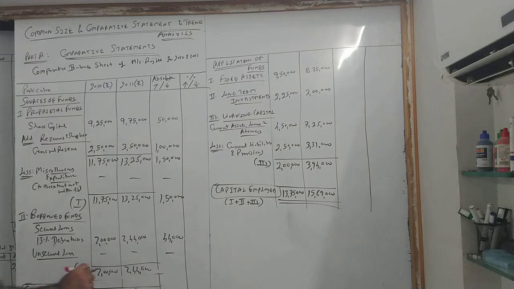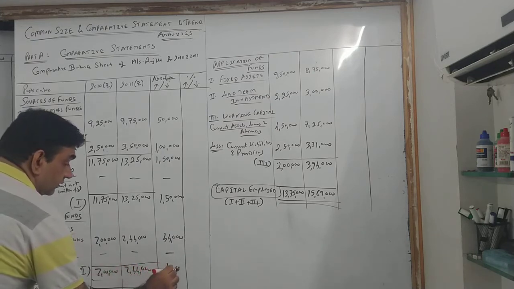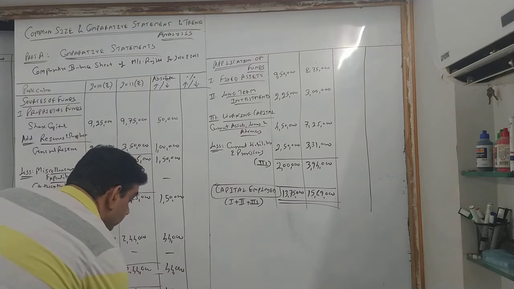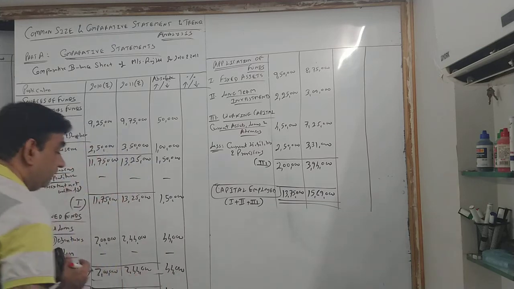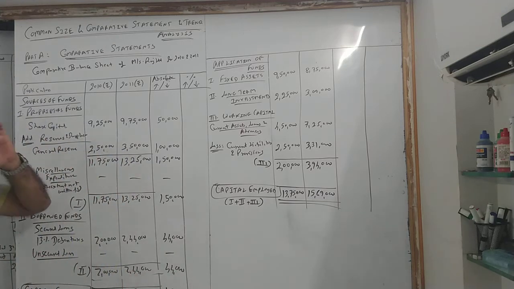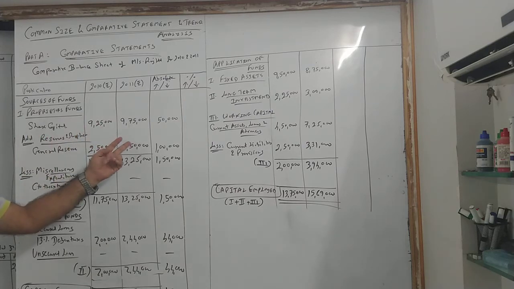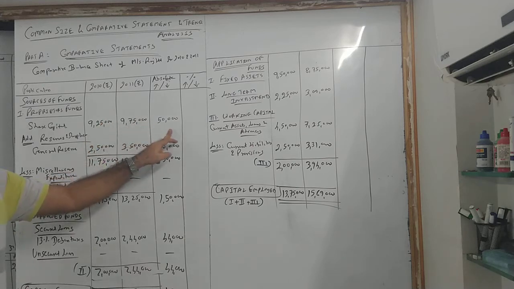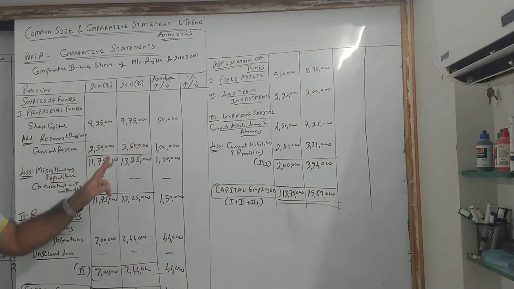Here there is nothing. Increase of 44. And the total 1375 became 1569, so difference of 194. Getting it now? We are taking the difference amount 2011 minus 2010 amount. If 11 is more, positive answer. If 10 is more, negative answer.